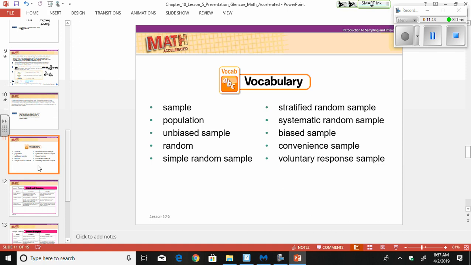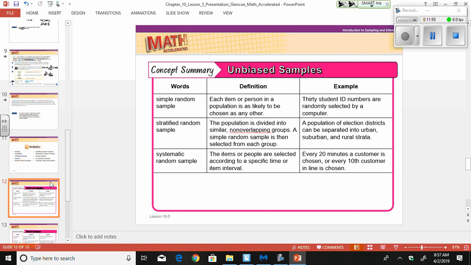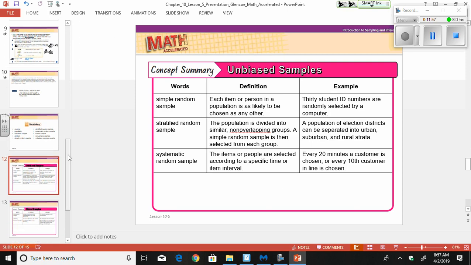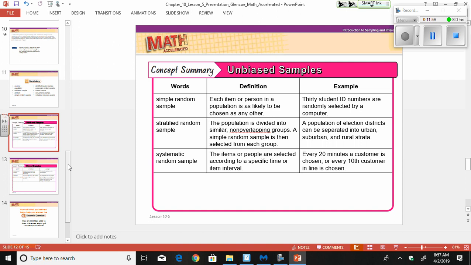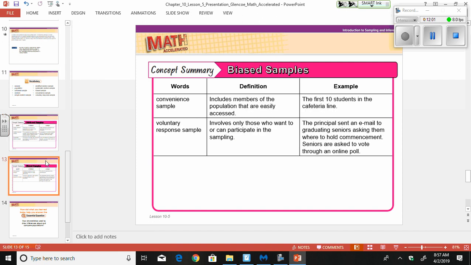Here is all of our vocabulary: sample, population, unbiased sample, random, simple random sample, stratified, systematic, bias, convenience, voluntary. You have all of that information here in your concept summary as well as in your book. You can go look there as well. Biased samples.